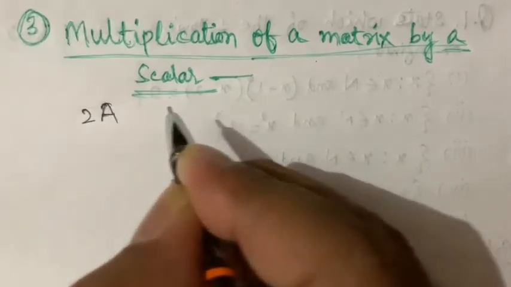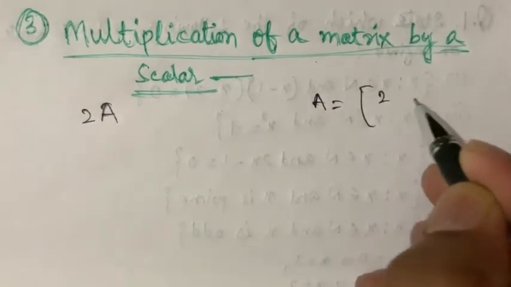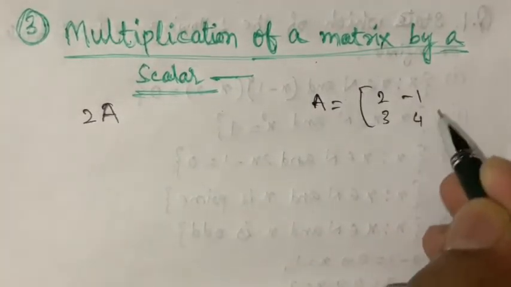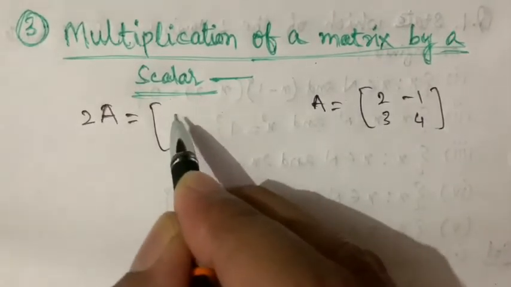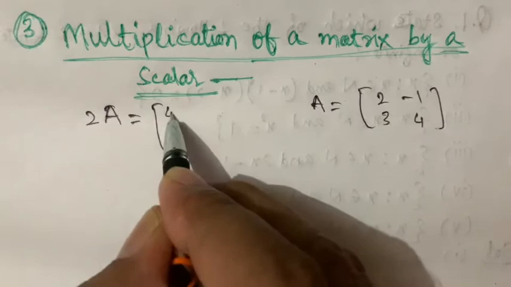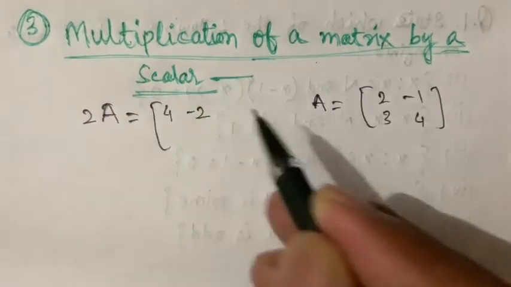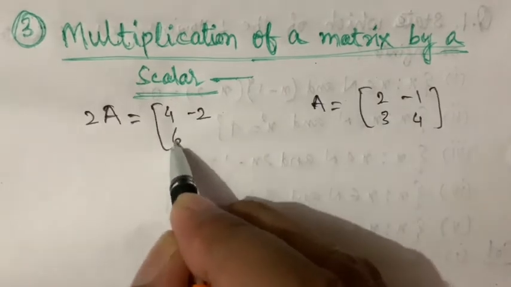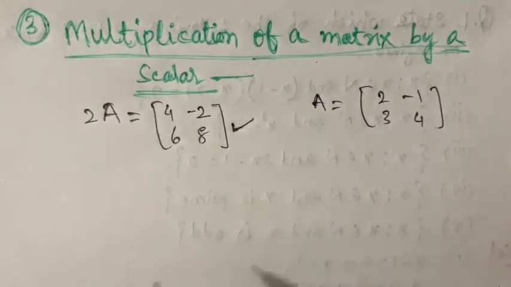Let us suppose we need to get 2A, and A is given as 2, -1, 3, 4. Then 2A will be equal to 2 into 2, then -1 into 2, then 2 into 3, then 2 into 4, and we will have this one.